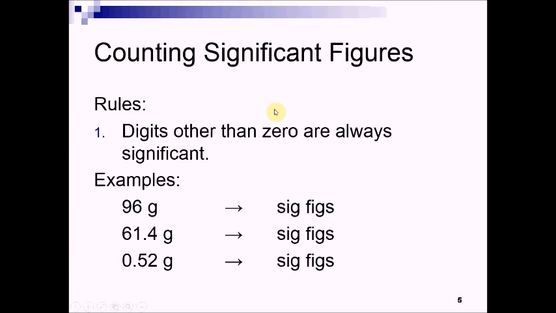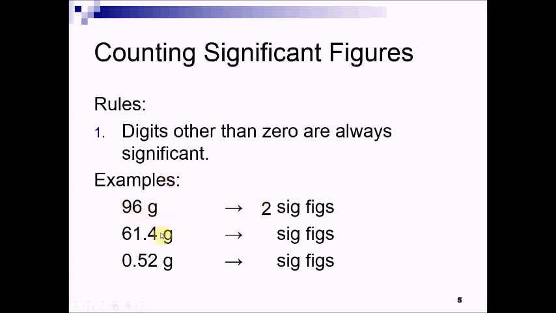So, how do we do math with significant figures? Before we do the math, we need to figure out what actually is a significant figure. So we've got 4 rules here. The first rule is pretty easy. If it's a digit that's not a 0, it counts. It is considered significant as part of your measurement. So 96 grams, okay, that's 2 significant figures.